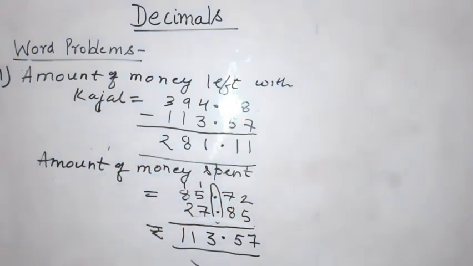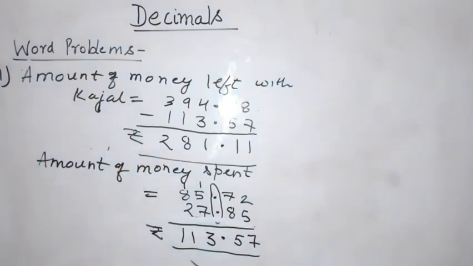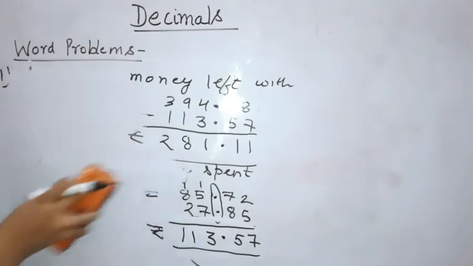So what is the final answer? The amount which is left with Kajal is rupees 281.11. Okay students, I hope you must have understood how I have solved this word problem. Now moving on to the next question, that is question number 2. You have to do this word problem in your maths classwork copy.